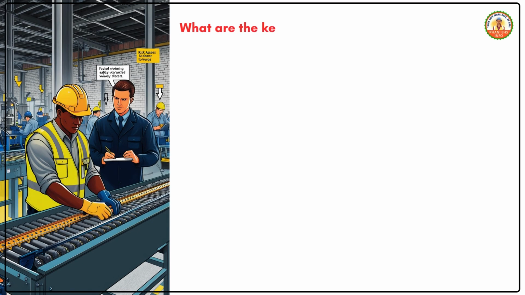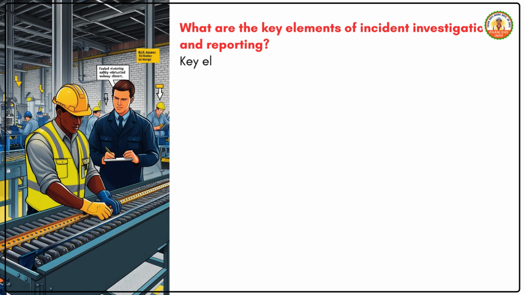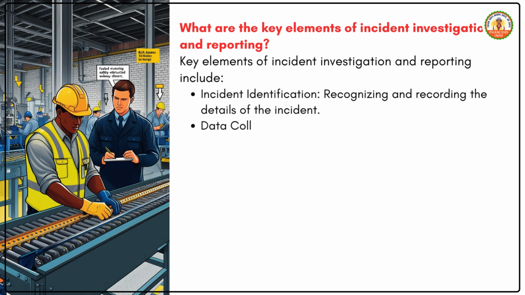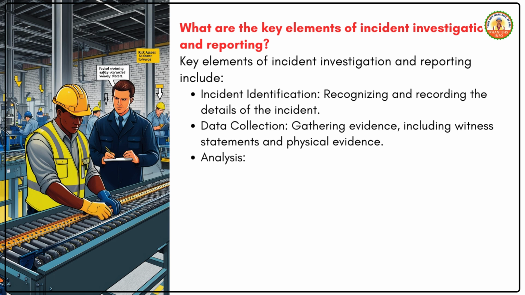What are the key elements of incident investigation and reporting? Key elements of incident investigation and reporting include incident identification, recognizing and recording the details of the incident. Data collection, gathering evidence, including witness statements and physical evidence.